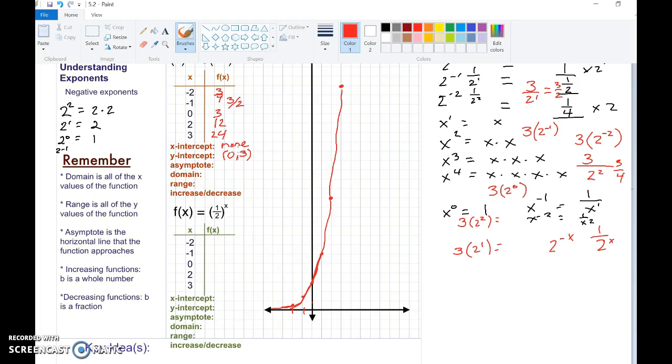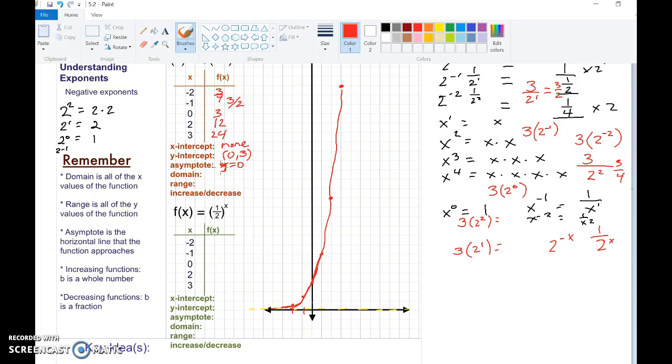The asymptote is the horizontal line that our function approaches but never gets to. And what is that line? Well, that line is our x-axis. Sorry, y equals 0, not x equals 0. When y equals 0, that's our x-axis.